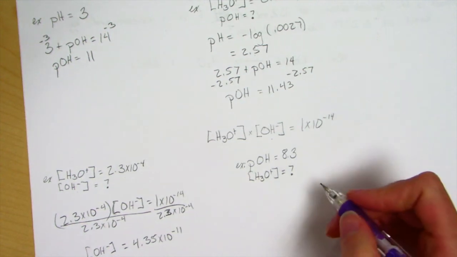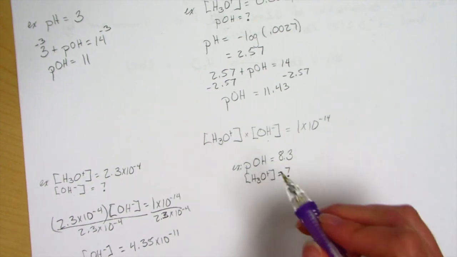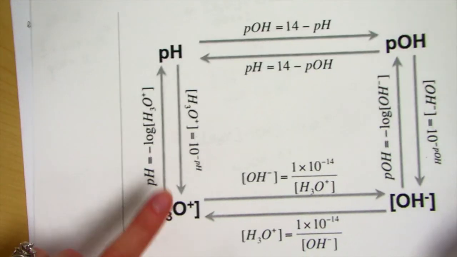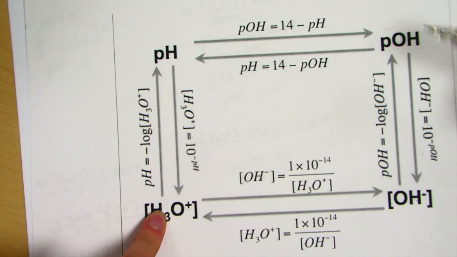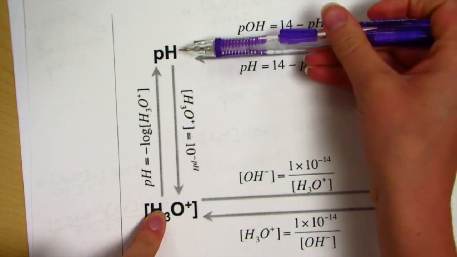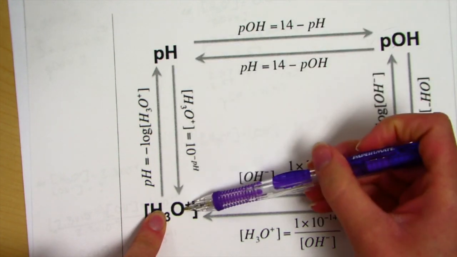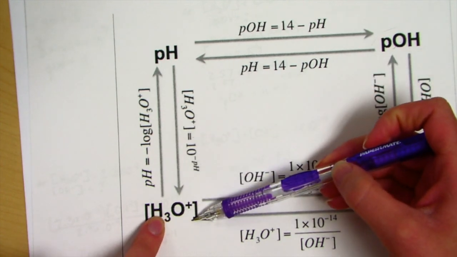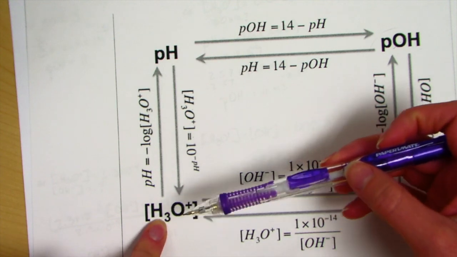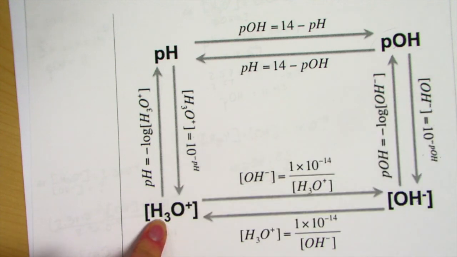The next example that I have is a little bit more challenging because I want to know this, and I'm given this. Now, I could go across here and figure out my pH, and then go down and use this equation to figure out my H3O plus concentration, and you are perfectly welcome to do that, and it is a valid method.